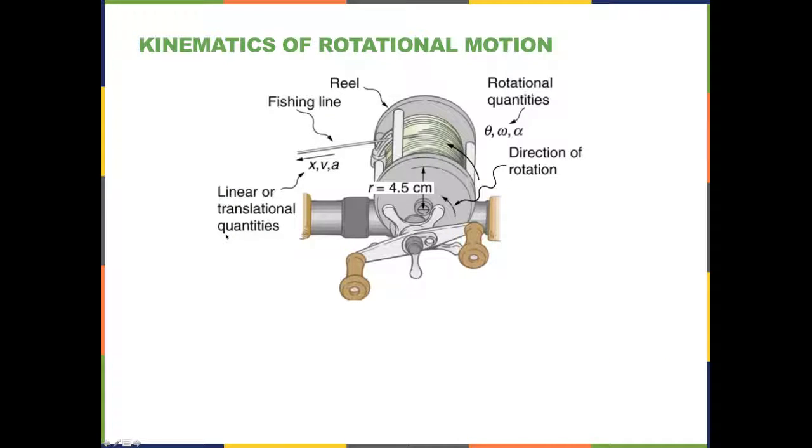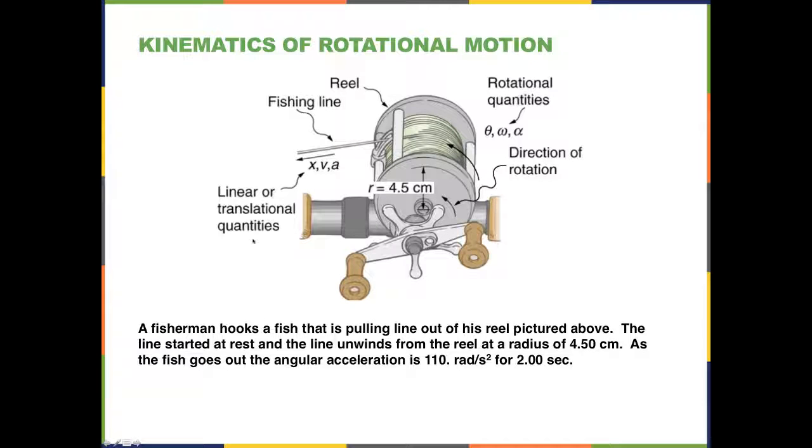So let's use some of these formulas to work a problem. In this problem, we have a fisherman that hooks a fish, and that fish begins to pull line out of his reel, as pictured above. The line starts at rest, and the line unwinds from the reel at a radius of 4.5 centimeters.